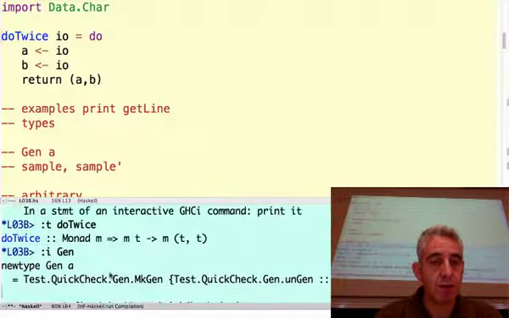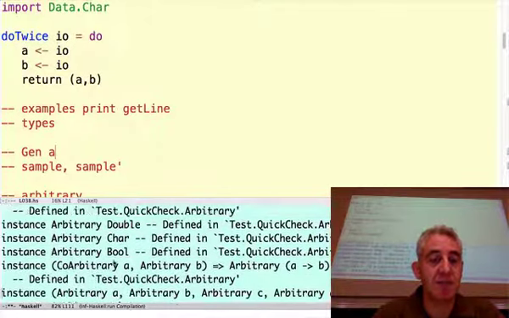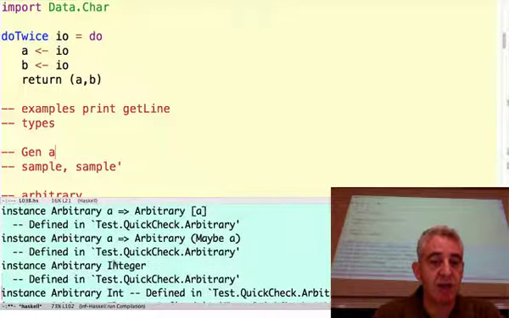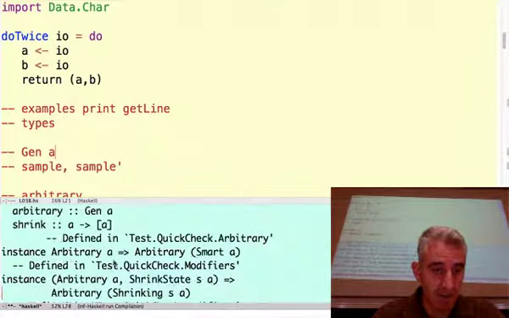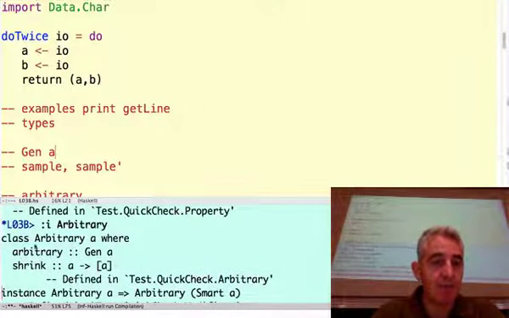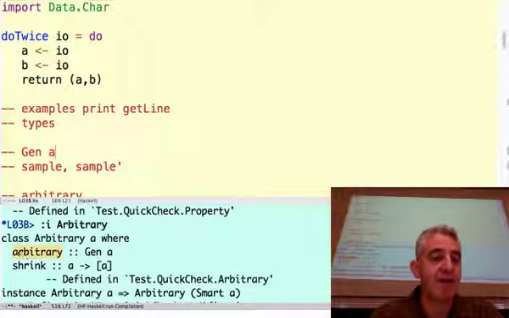And the important thing to know about this class Arbitrary, apart from the fact there's a whole bunch of instances, things like Bools, Chars, Doubles, Ints, Integers, lists, and so on, is that the class Arbitrary contains a definition of a little arbitrary, which is a generator for an A.